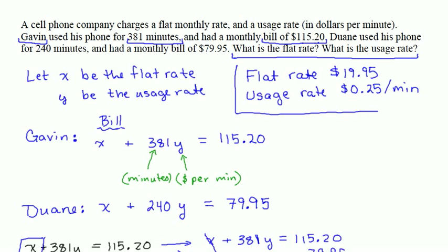And this would be my final answer. It's very important to make sure that we answer the question completely using both values with units and labels. The units in this case were dollars and dollars per minute, and the labels were flat rate and usage rate.